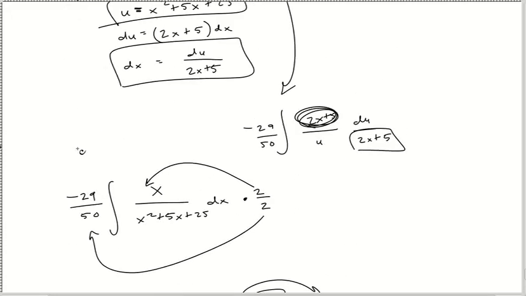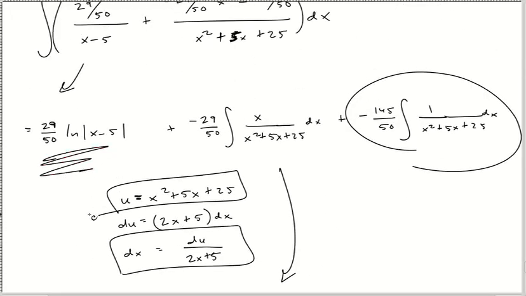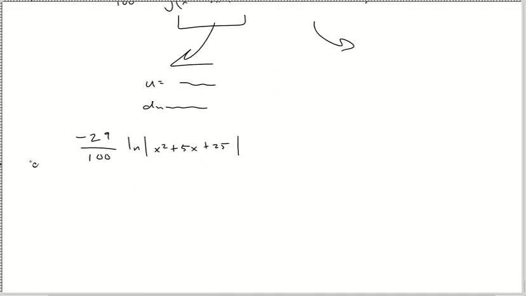Now, we already had this guy as well: 29 over 50, x minus 5. And then we have this minus this stuff here. That doesn't look very good, so I'm going to do this minus sign right here and get rid of this guy. Okay, now that's a little bit more distinct.